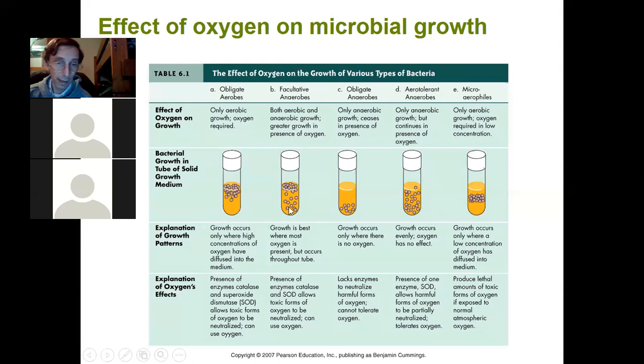So they're growing by either anaerobic respiration or fermentation. And as you go down the tube, you'll see less and less growth. So we'd see 3 right here, 2 right here, and then 1 at the very bottom. Any question about any of that?